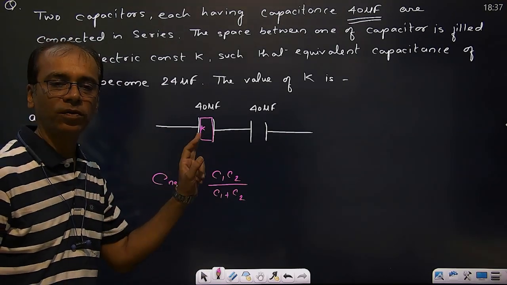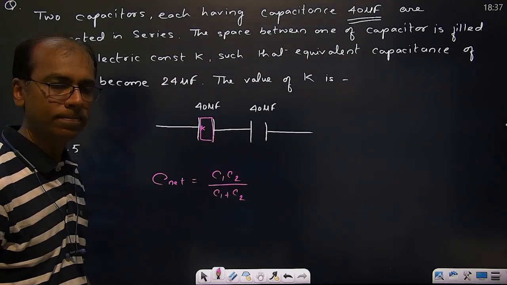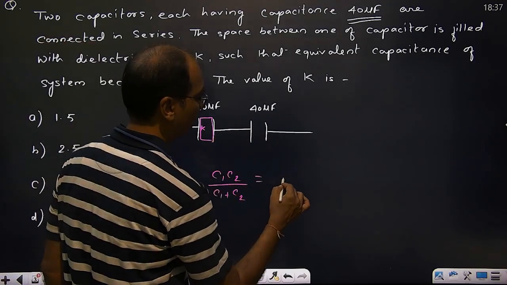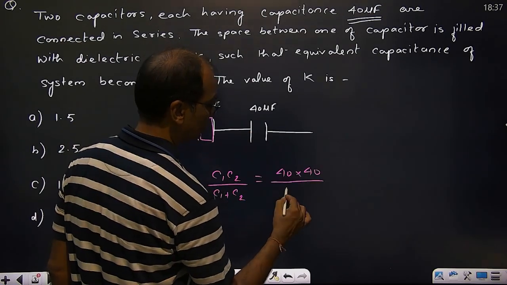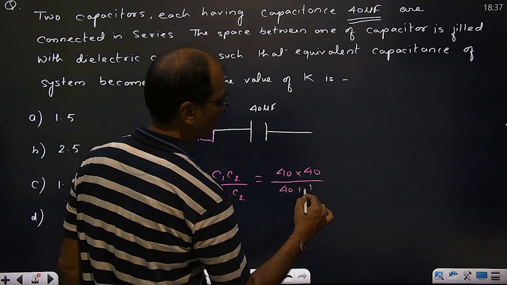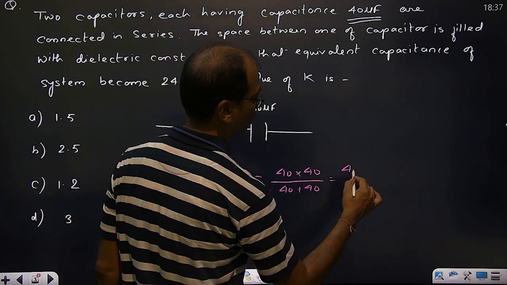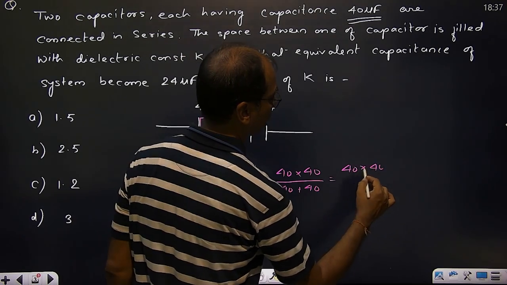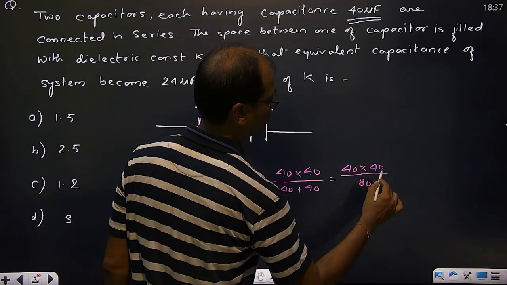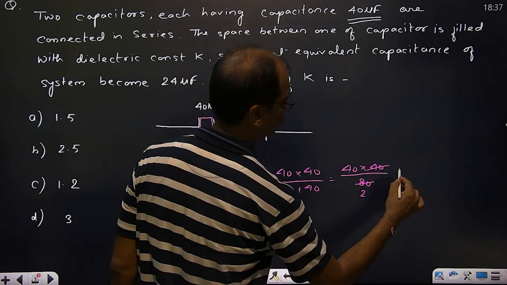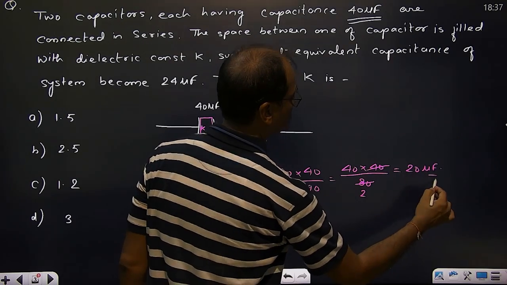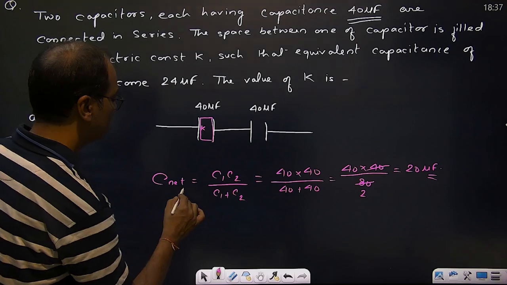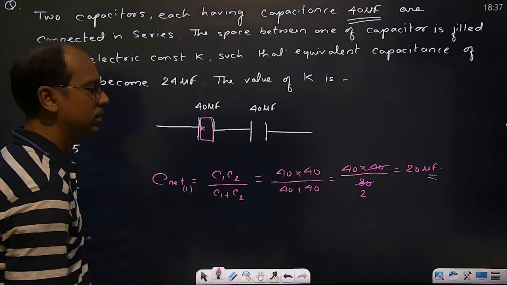So 40 into 40 by 40 plus 40, that is 40 into 40 by 80, which is 40 by 2, means 20. This is the initial C net.